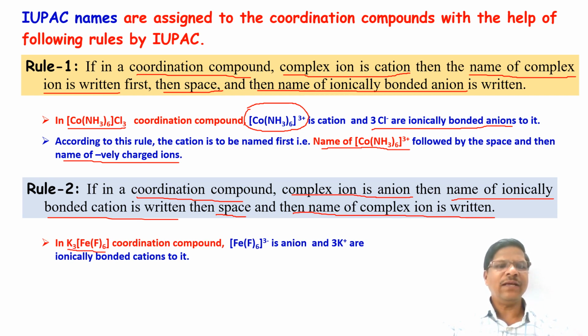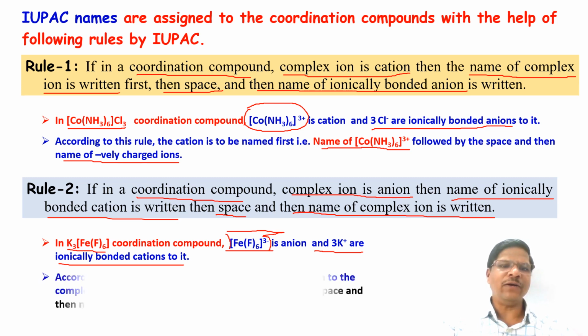If you see K3FeF6, [FeF6]3- is the anion, and 3 K+ ions are ionically bonded to it.